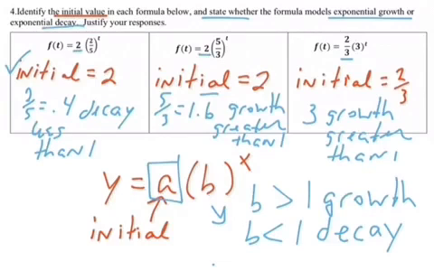Now the first one would be a decay because the number inside of the parenthesis is less than 1. 2/5 as a decimal would be 0.4. The second one would be a growth because 5/3 is greater than 1, and the last one would also be a growth because 3 is greater than 1.